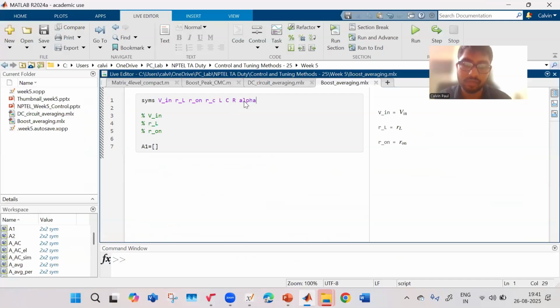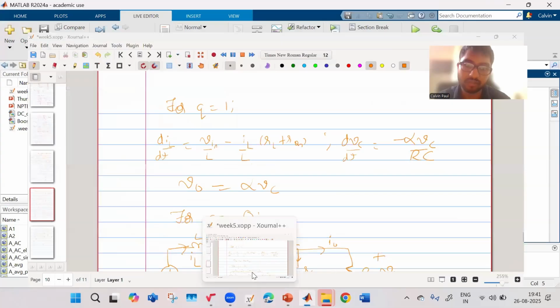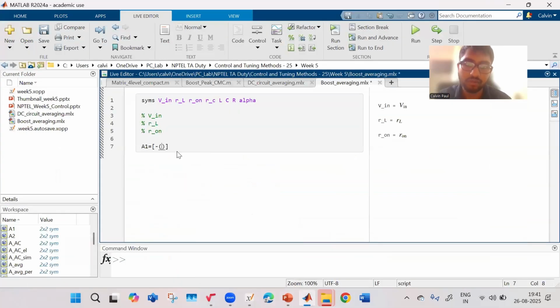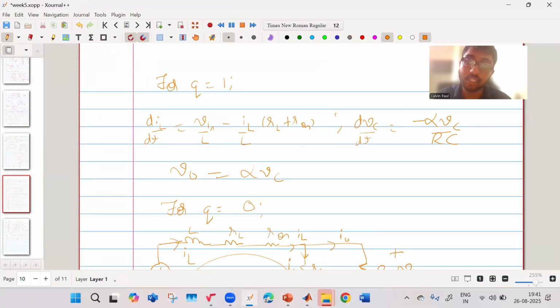So the A1 matrix is minus of R_L plus R_R by L, then since it's a matrix and it's in the same row, we do a comma.